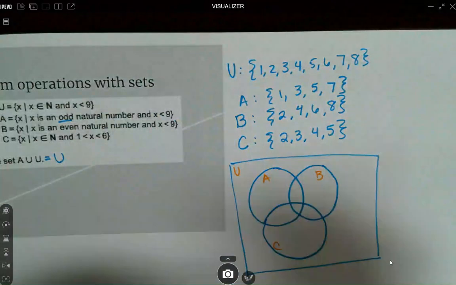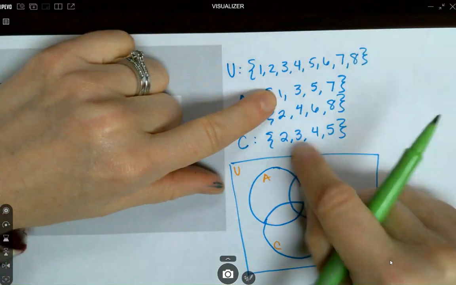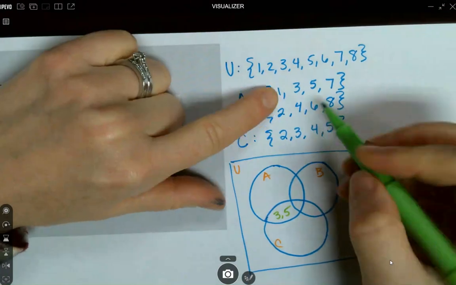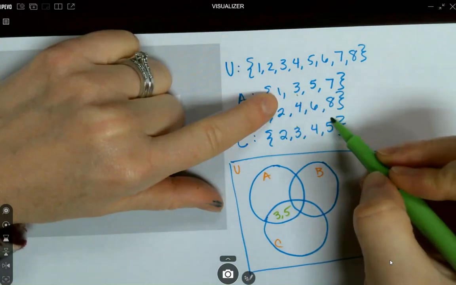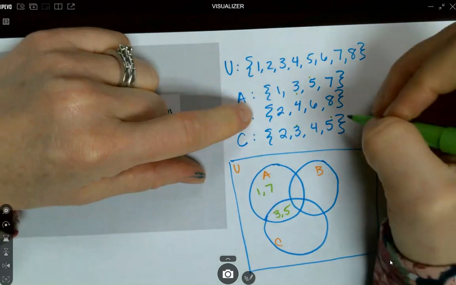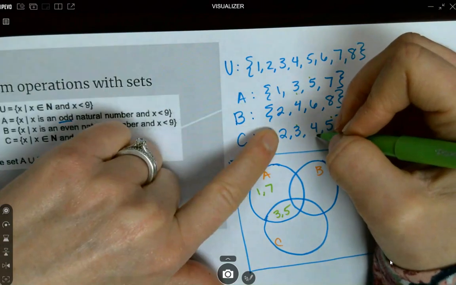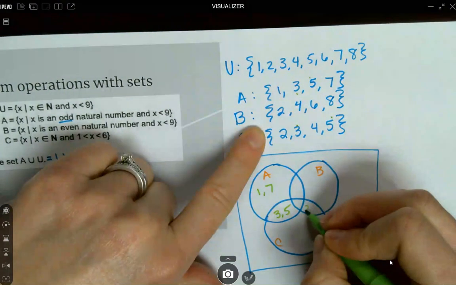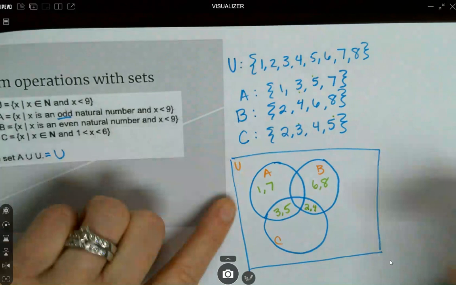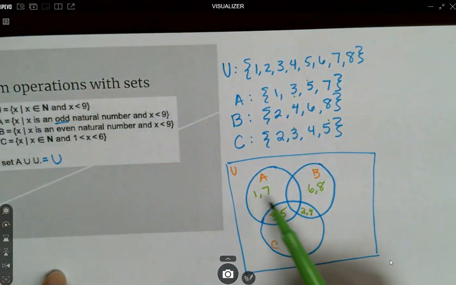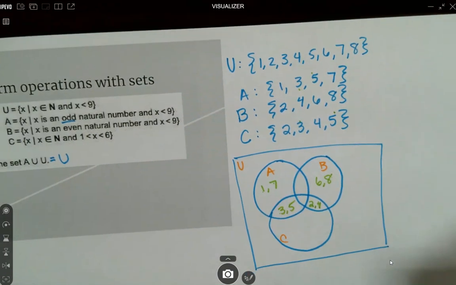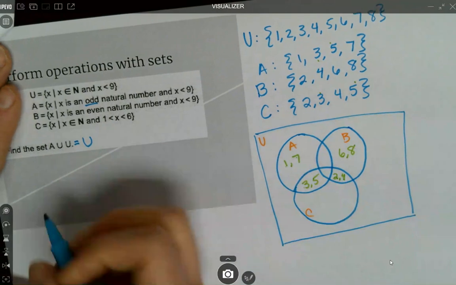A is 1, 3, 5, and 7. 3 and 5 are also in C, in common with C, so I just put 1 and 7 here. And then B, we have 2 and 4 that are in common with C, and B also has 6 and 8. So let's see if we have included everything: 1, 2, 3, 4, 5, 6, 7, 8. So everything's included.